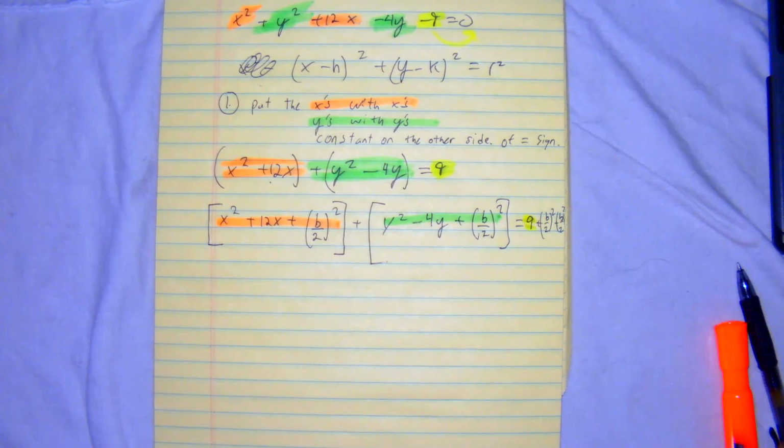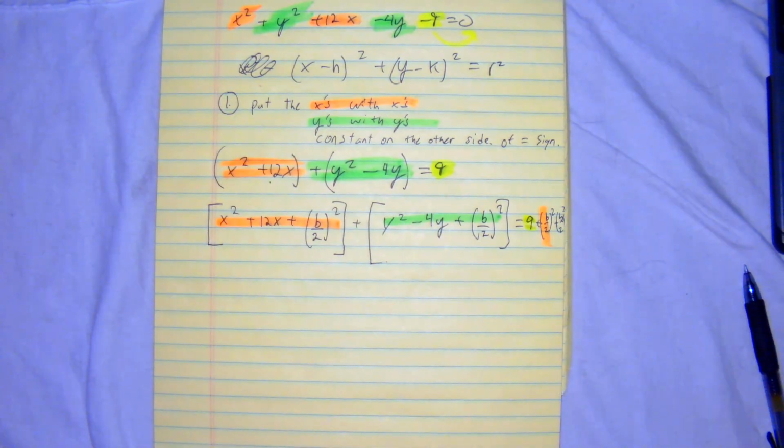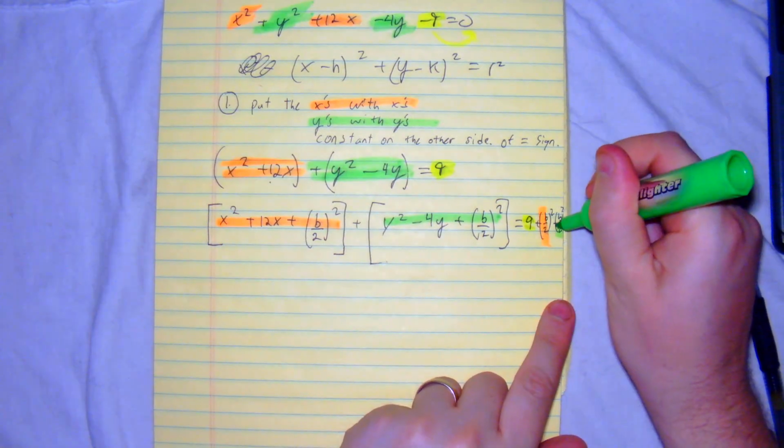When you complete the square, what you do to one side, you have to do the other. This is from the orange, and this is from the green.